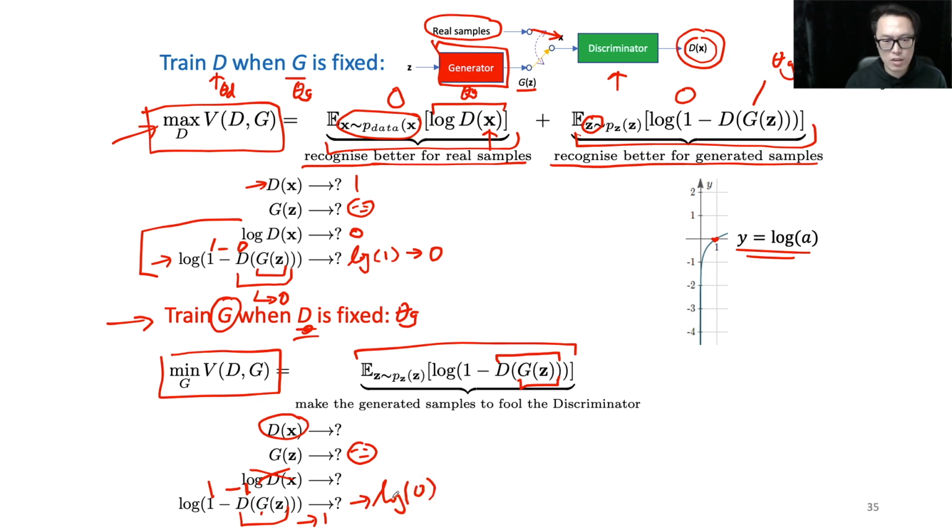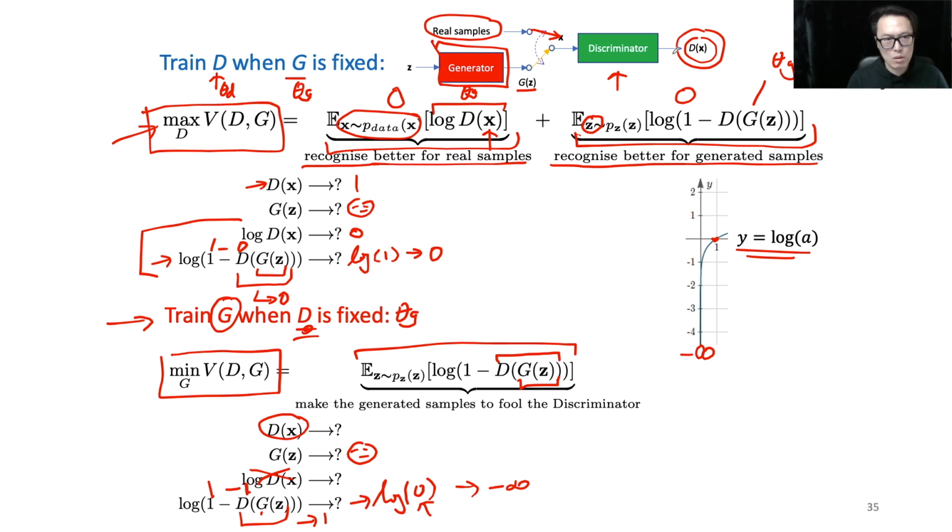When this input is 0, from this figure we know that it approaches minus infinity. That's why we minimize when we adjust theta g, because when it approaches minus infinity, it means the generated sample is real enough to get through the discriminator.